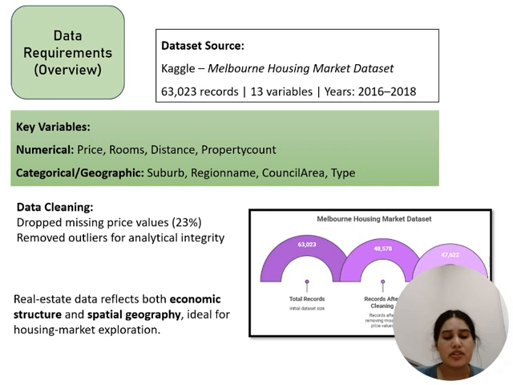I selected this dataset because it combines rich spatial panels with the multiple categorical variables which make it ideal for exploratory analysis. Basic cleaning includes removing null values and extreme outliers to ensure analytic stability.